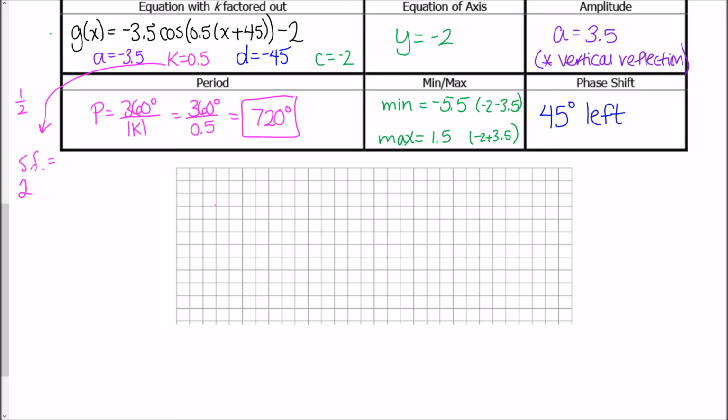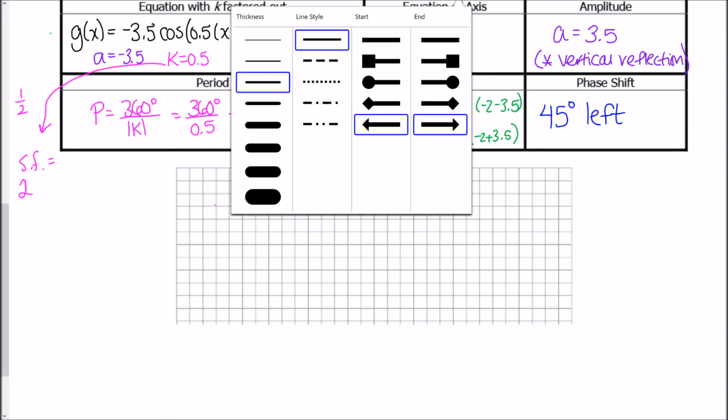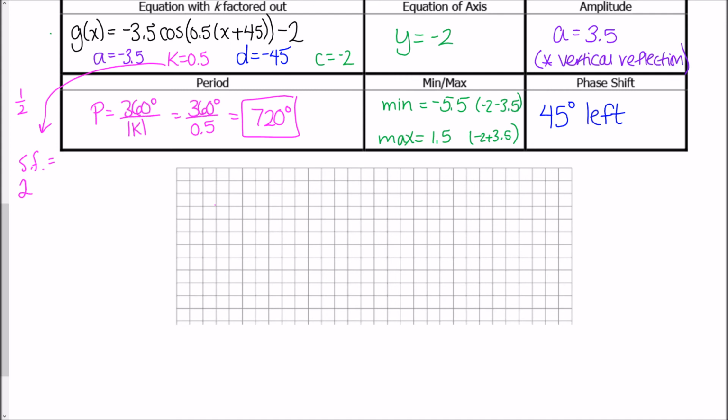Okay, so now I want to set up my axes, and in order to be able to do that, I need to take a look at where everything seems to end up being. So first of all, I'm going to still put my y-axis in the middle because I want to have 2 cycles again, and I want to show the cycles in both positive and negative.